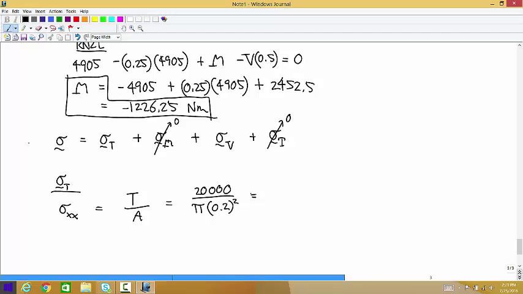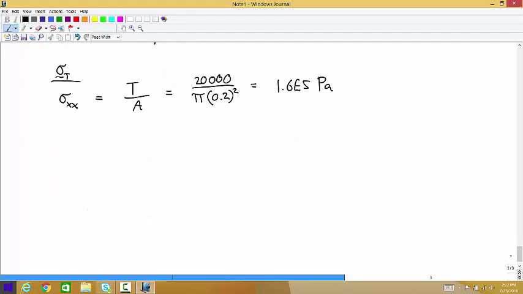And what do you get for that? Okay, and that's Pascals. So the stress tensor due to tension is 1.6 times 10 to the 5th, zeros everywhere else.